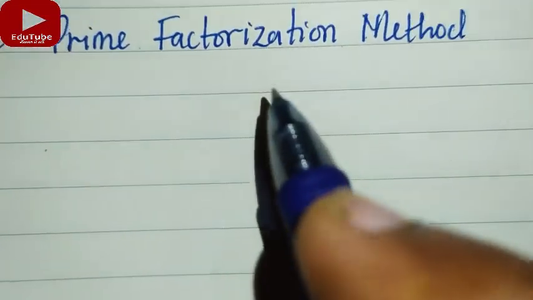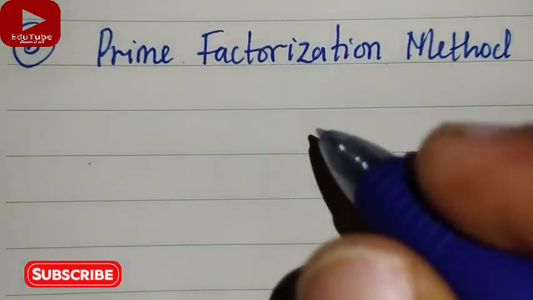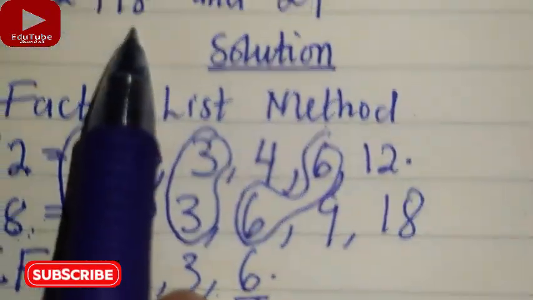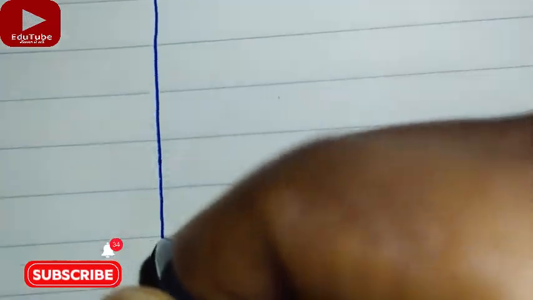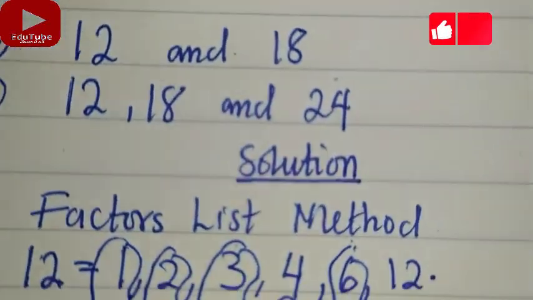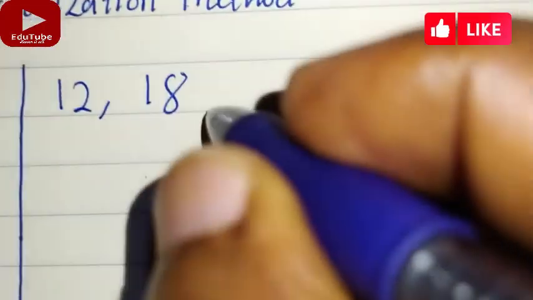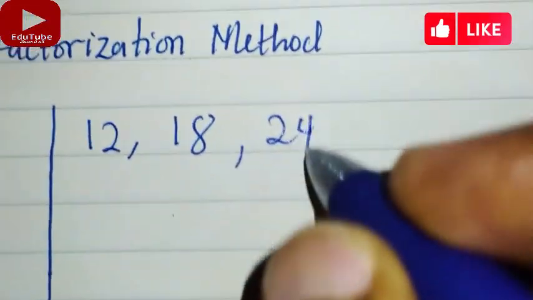So to use the prime factorization method to find the factors of 12, 18, and 24, we are just going to draw a line. And then I'm going to have 12 and 18 and then 24.